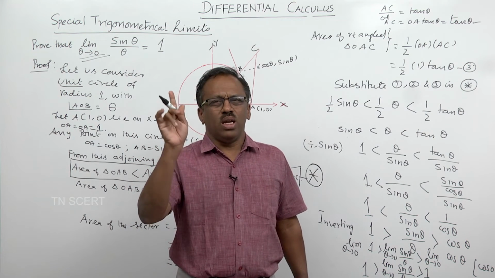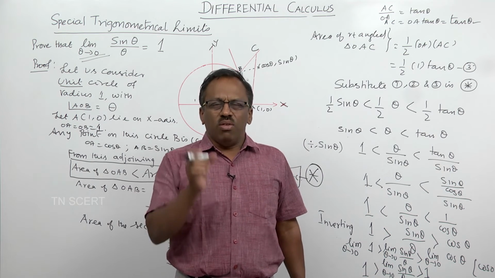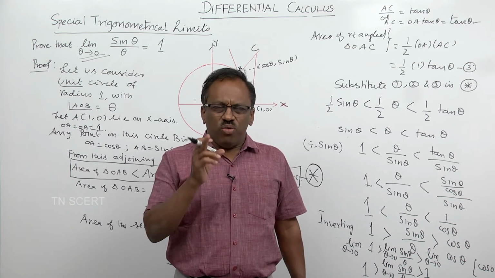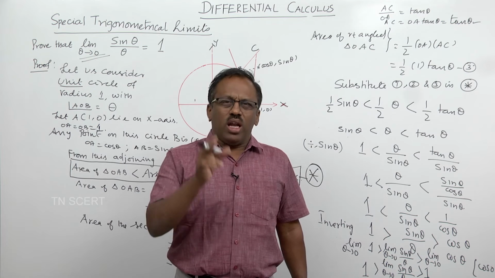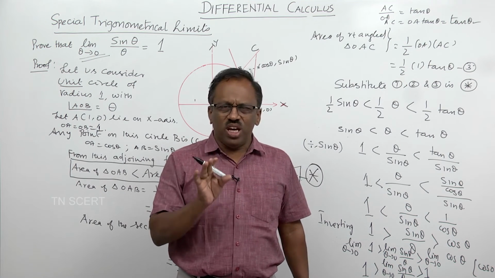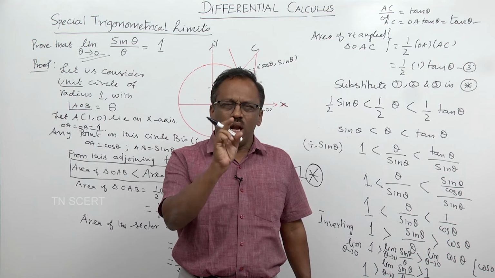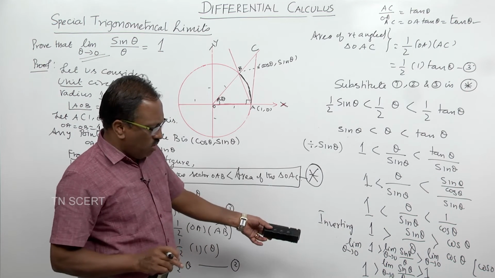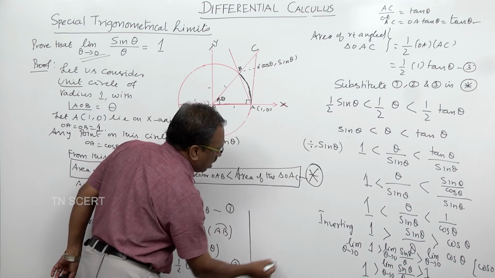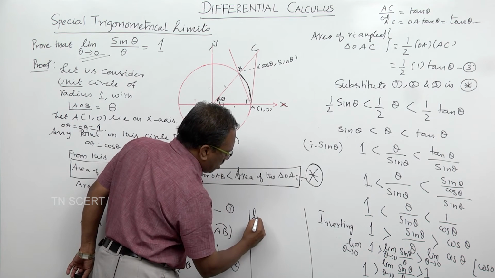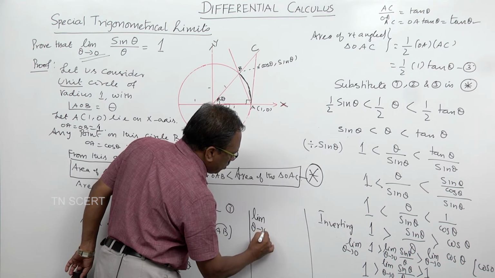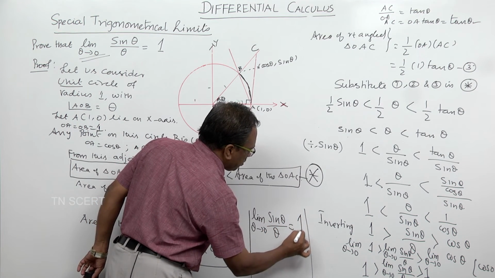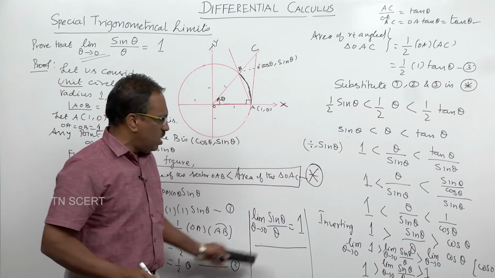Likewise, the final result is limit theta tends to 0 of sin theta by theta is equal to 1. So I have arrived at this result this way.